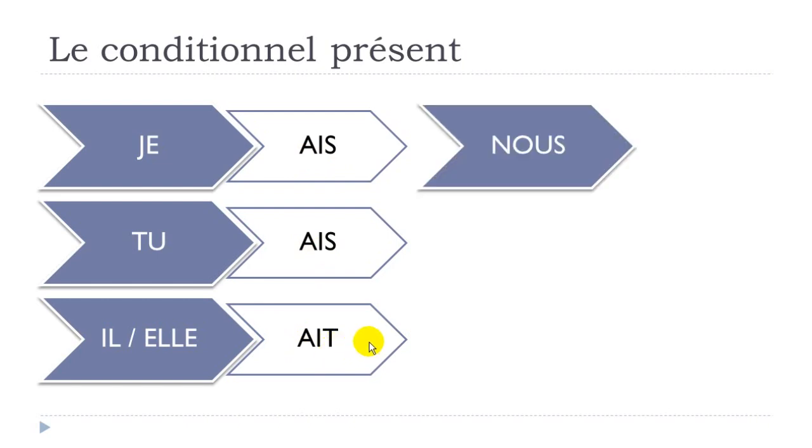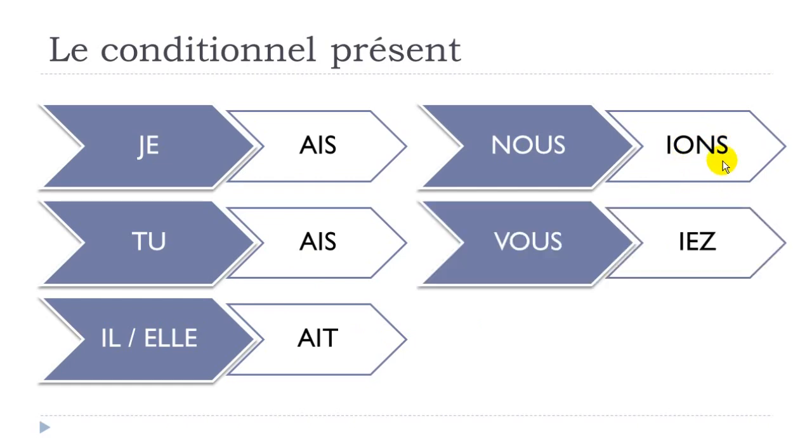So now let's see nous, and nous goes like I-O-N-S, okay, and it should be pronounced ion. Remember, final S is not pronounced. Ion, okay. Then for vous, it goes like I-E-Z, and it goes like ye, okay. Remember when you get this I before, it goes like ye. So that's the reason why we had this ion here, and then ye.